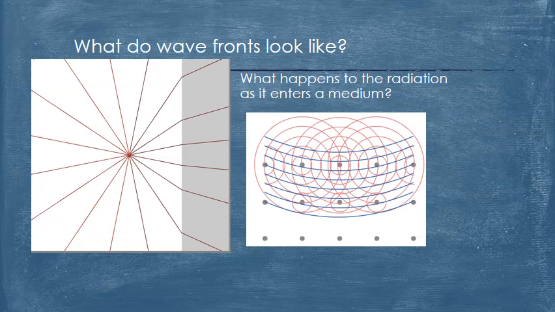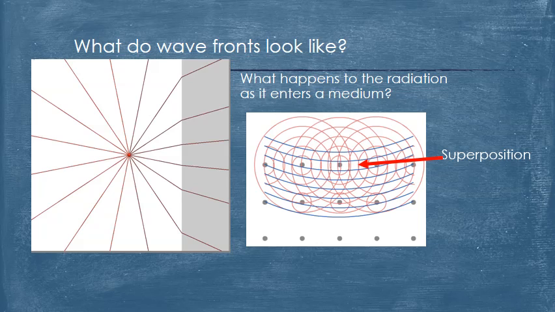What's going to happen here is the gray dots are charges in the medium, and these charges will be accelerated by the electromagnetic radiation that is hitting them. So you have multiple radiating objects, and we have superposition going on.